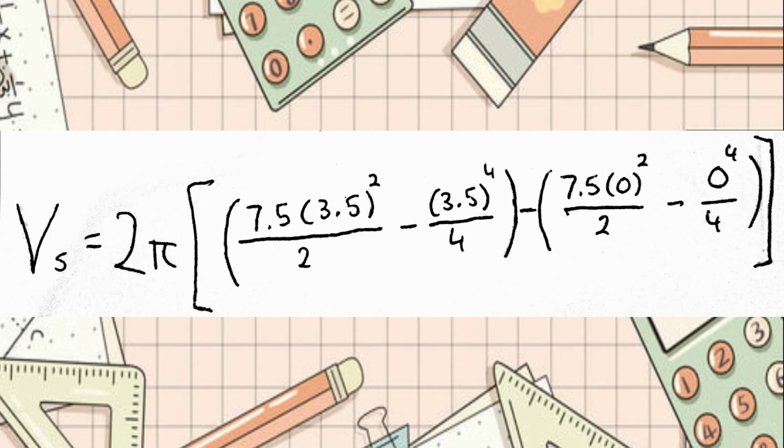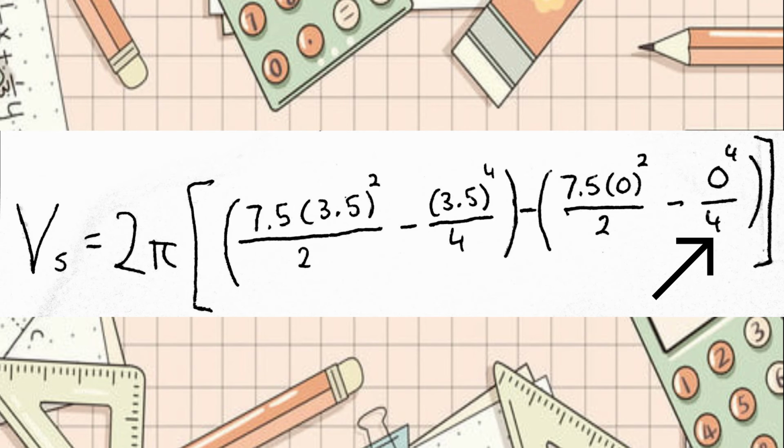So we substitute 3.5 and 0 into the function and we will get 7.5 times 3.5 squared over 2 minus 3.5 to the power of 4 over 4, minus 7.5 times 0 squared over 2 minus 0 to the power of 4 over 4.